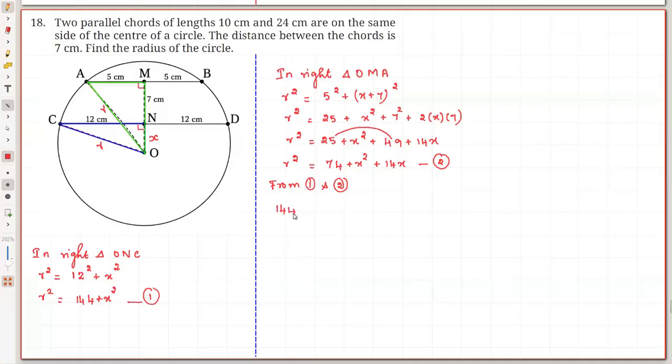144 plus x square is equal to 74 plus x square plus 14x.